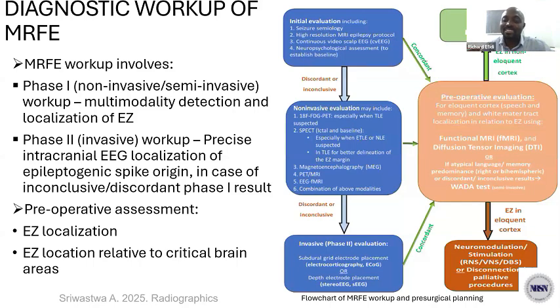However, if the epileptogenic focus is close to or in the region of the important brain areas, then we cannot proceed to surgical resection. In this case, we will pursue alternative treatment modalities, such as neuromodulation or what we call a palliative procedure. So this is just an overview of the workup.